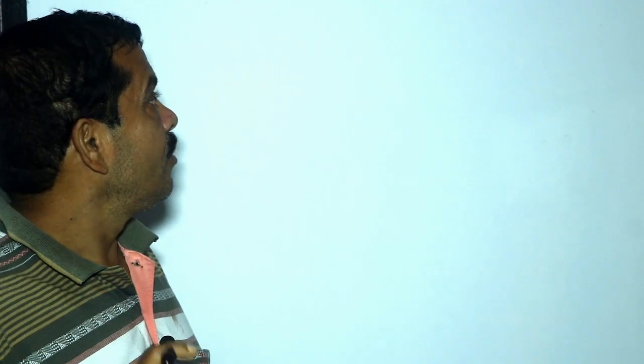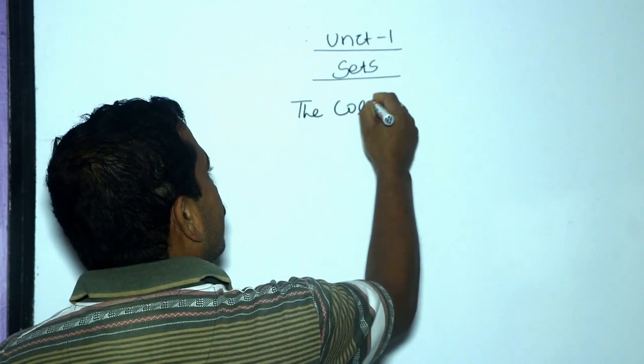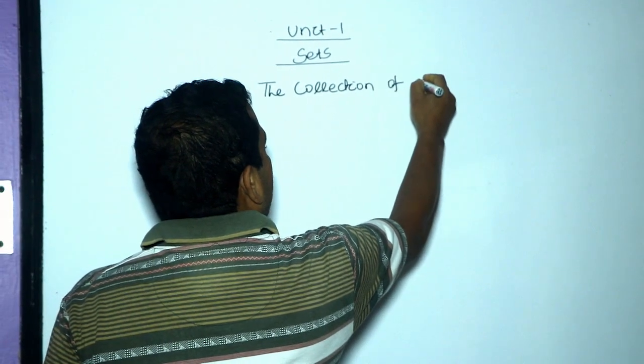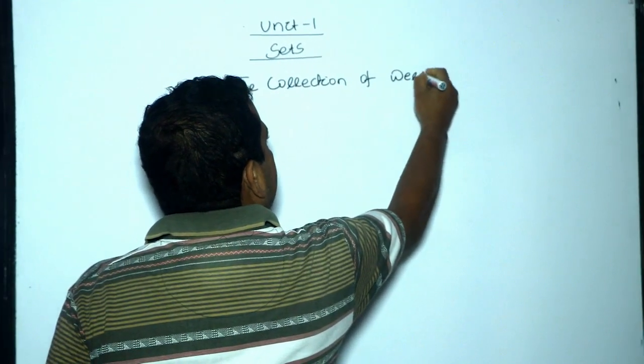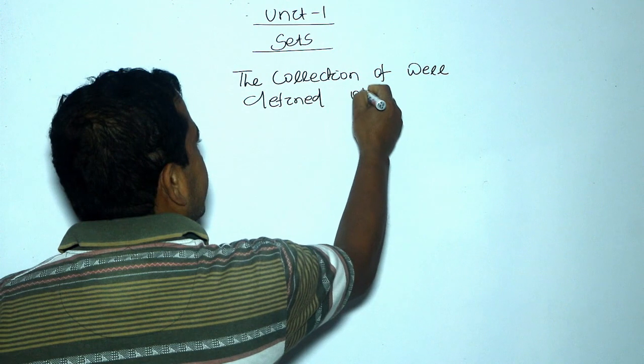Then in Unit 1, the subjects are sets, relation, function and trigonometry. First we shall discuss the set. What do you mean by set? Set is a collection of well-defined objects.